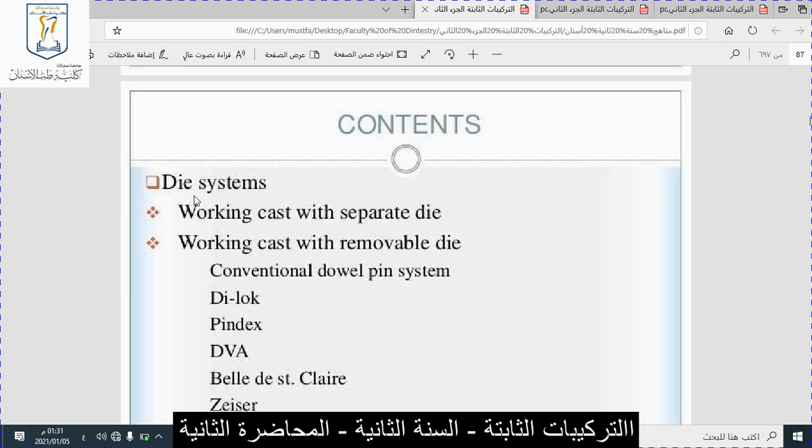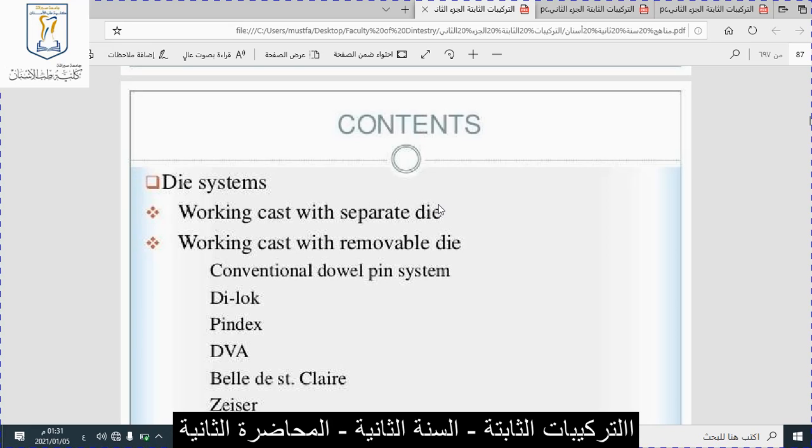So we do the cast for closer contact, centric or eccentric contact. Then we have the working die with separate die.